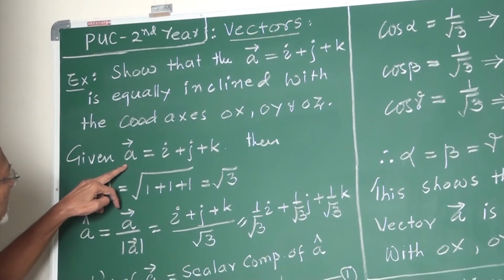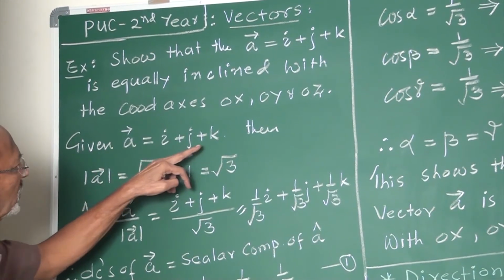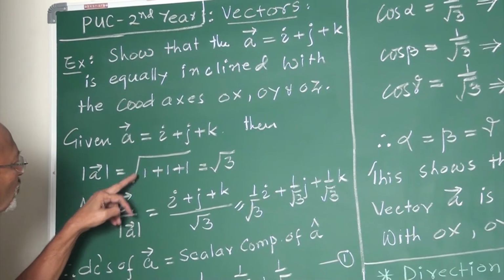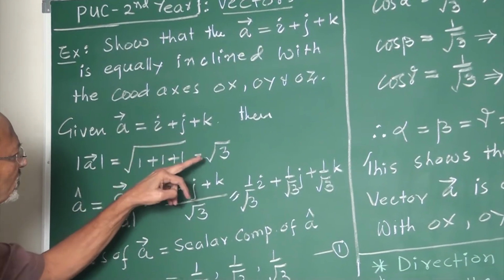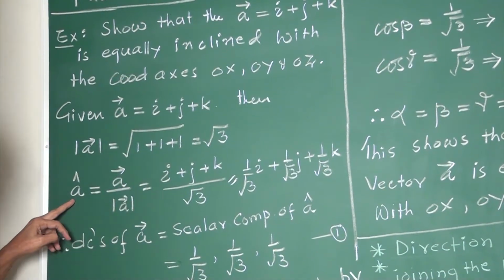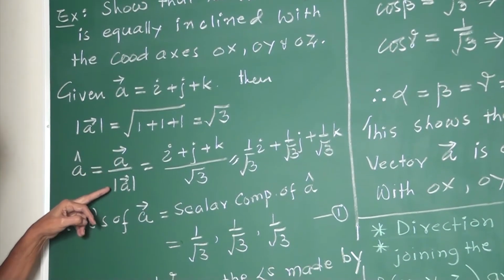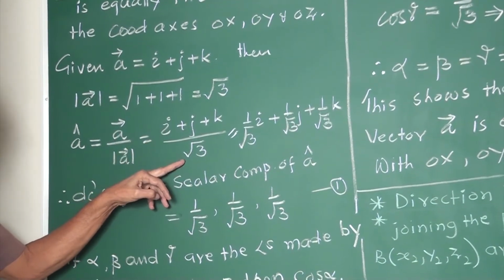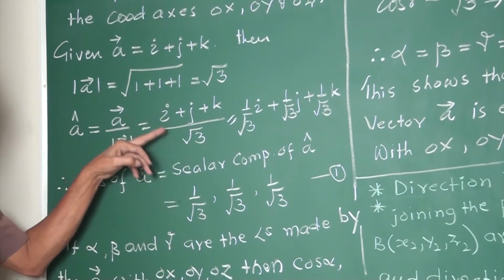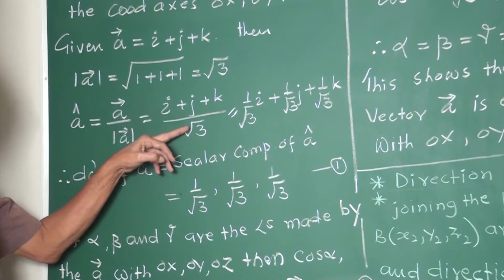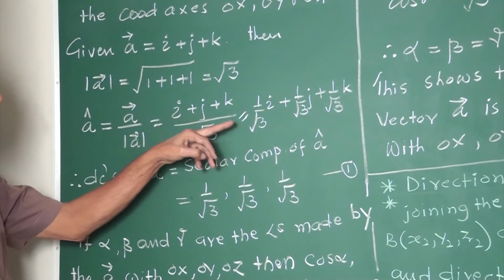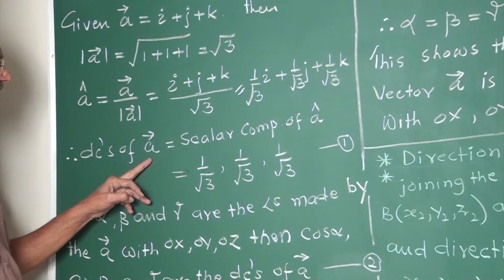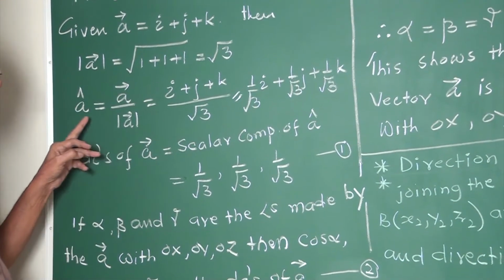Given vector A equal to i plus j plus k, the magnitude of A is square root of 1 plus 1 plus 1, which is root 3. A cap, by definition, is vector A divided by its magnitude: i plus j plus k upon root 3. Simplifying, 1 by root 3 into i plus 1 by root 3 into j plus 1 by root 3 into k.